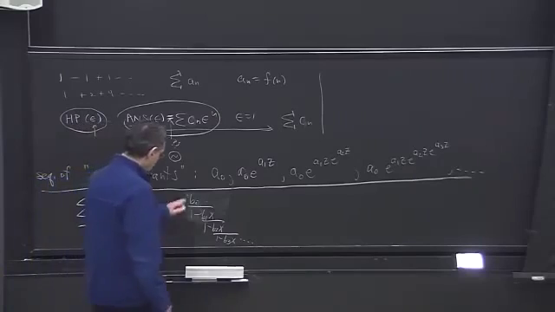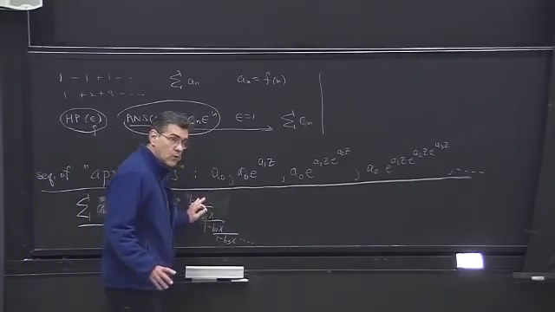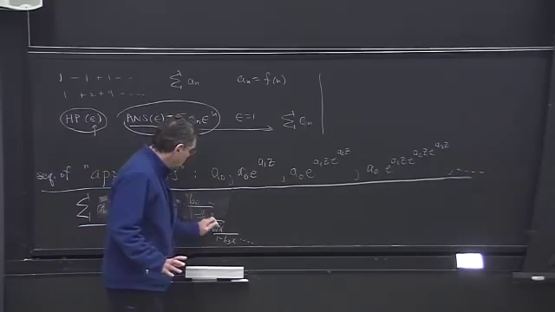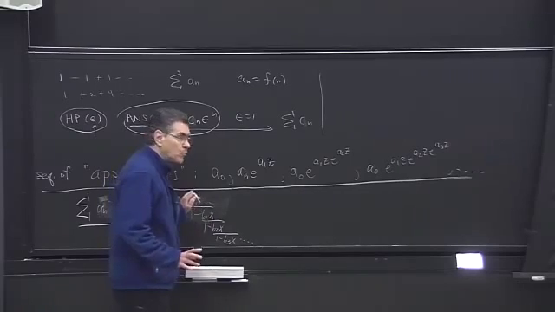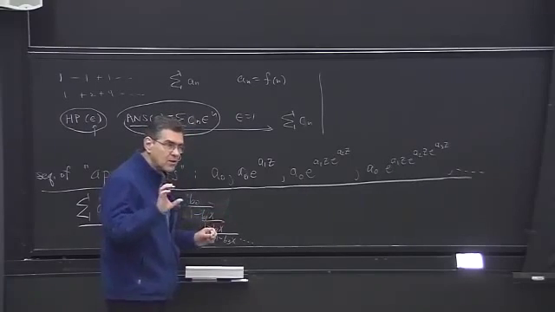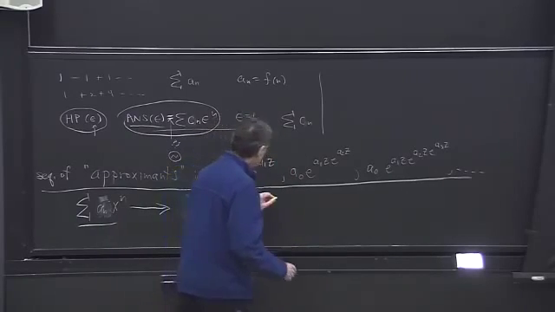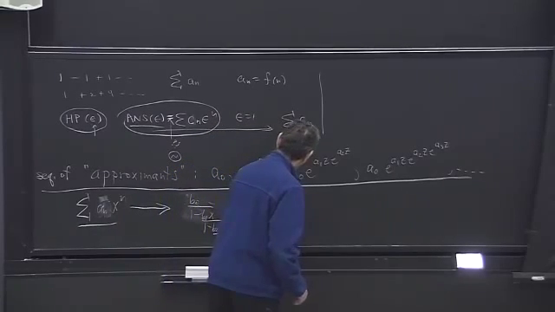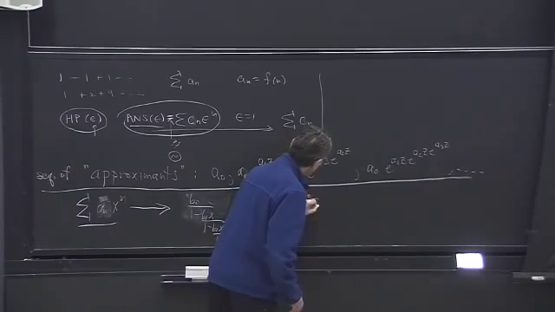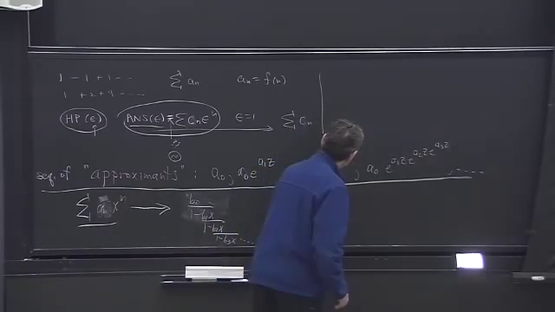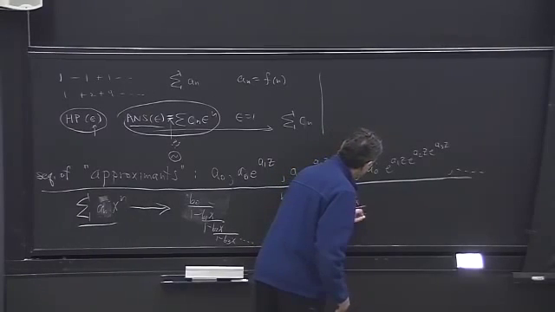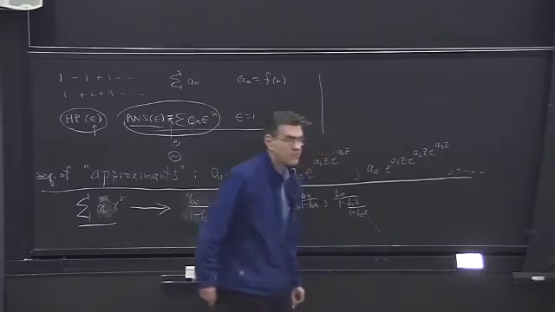Just to make it absolutely clear, what I mean by the sequence of approximants, what you would calculate on your hand calculator would be b0, b0 over 1 minus b1x, b0 over 1 minus b1x over 1 minus b2x, and so on.